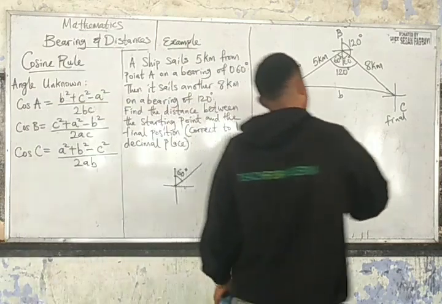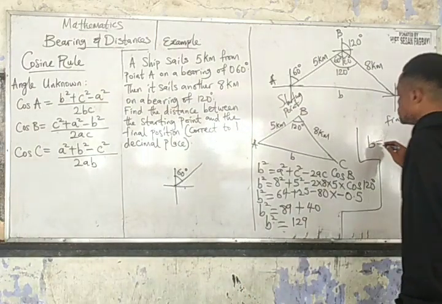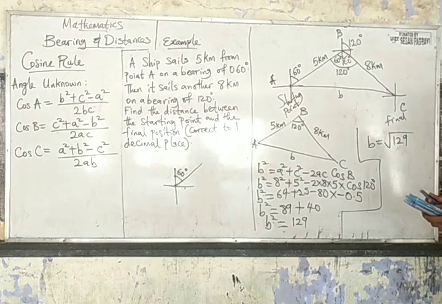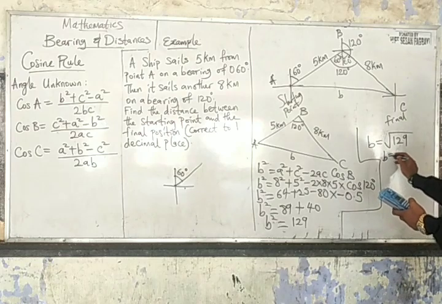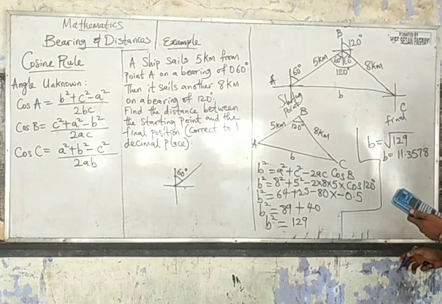And the B is going to be the square root of 129. So I need to punch calculator at this point. The square root of 129 will give us 11.3578.